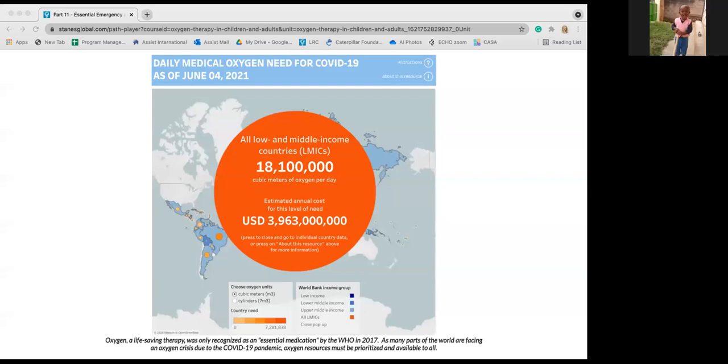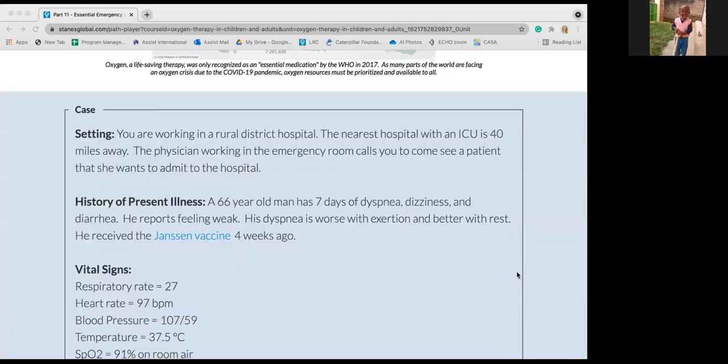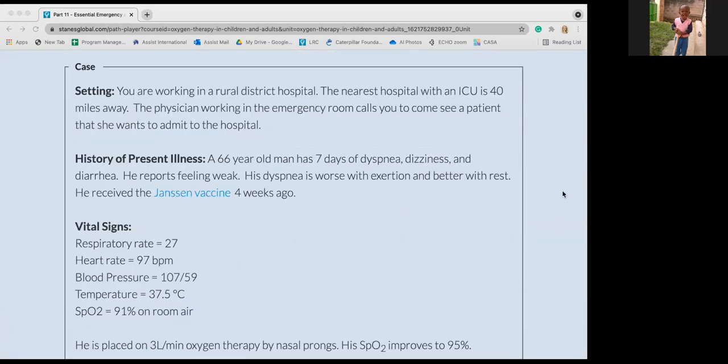They also show the cost of that oxygen. These are data from the World Bank. Can we move on to the third slide?